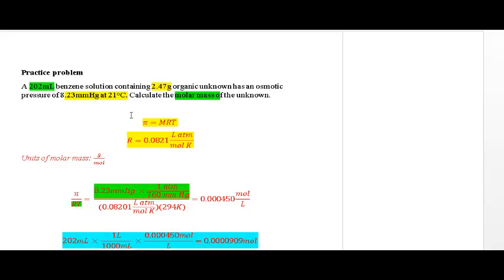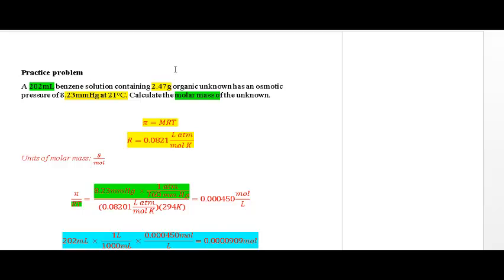So in essence, the osmotic pressure here is with benzene. In other examples, it's usually with water, but it doesn't have to be with water. Benzene can also undergo a movement or shift in the presence of a permeable membrane.